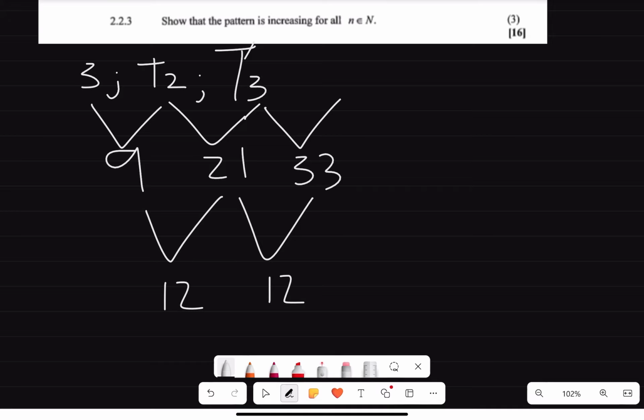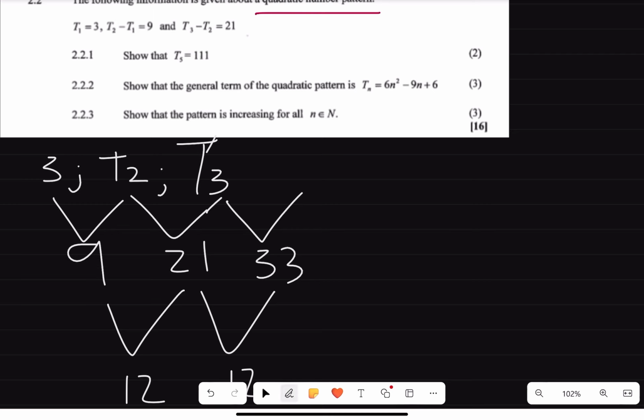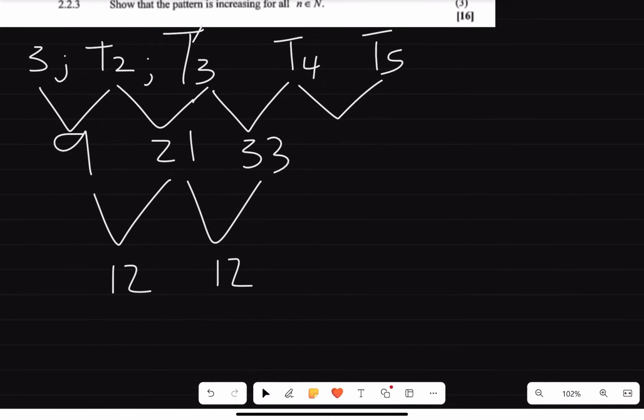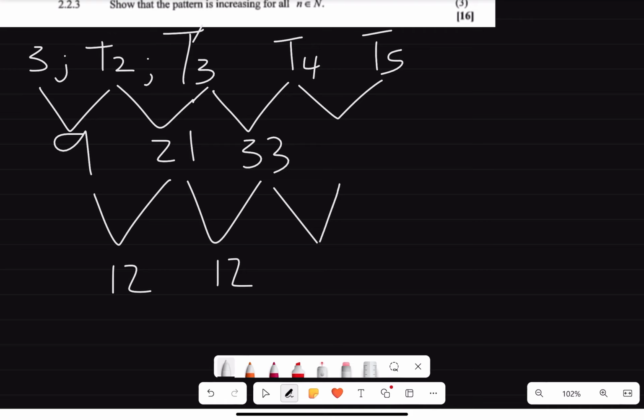And then we can basically see that term 4 can be there. And then we're going to get up to term 5, because I see the first question says, show that term 5 equals 111. Okay. So we have this and that.